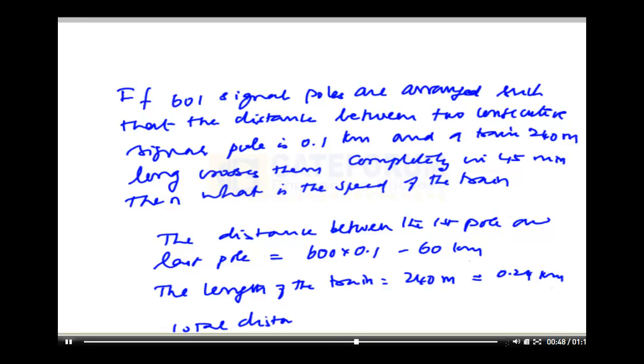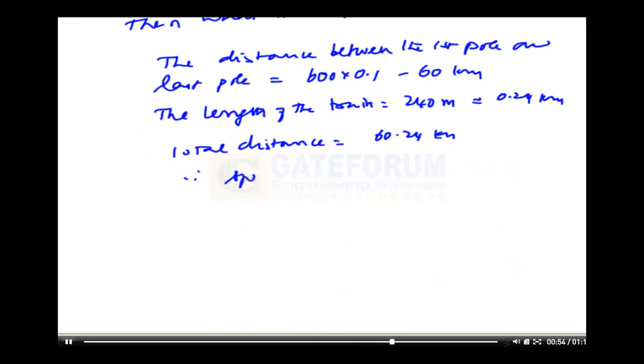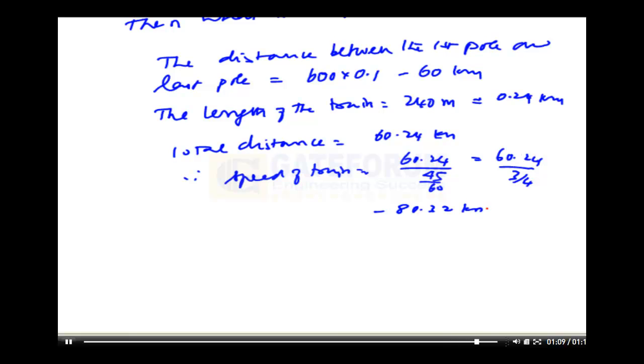So total distance covered by the train is 60.24 kilometers. Therefore, speed of the train is equal to distance divided by time, 45 minutes converted into hours, so 3 by 4. That will give you 80.32 kilometers per hour.